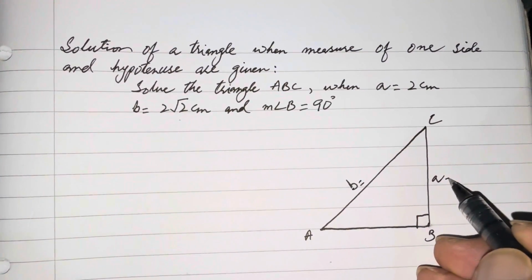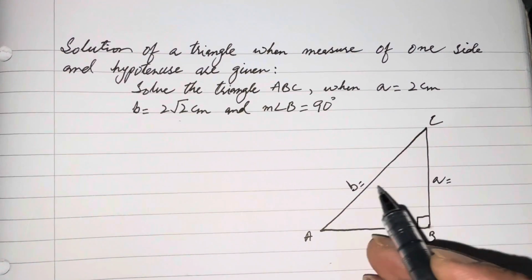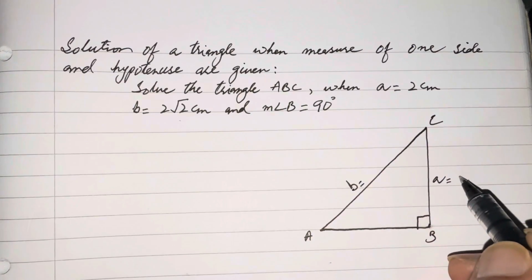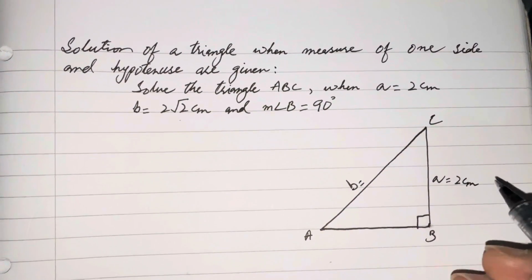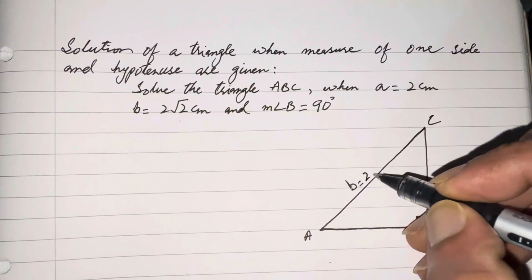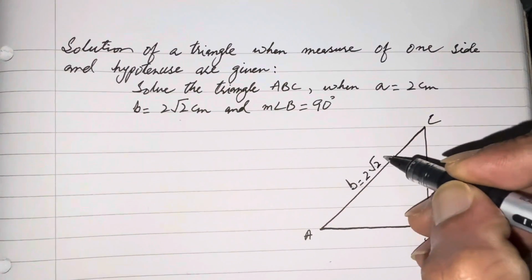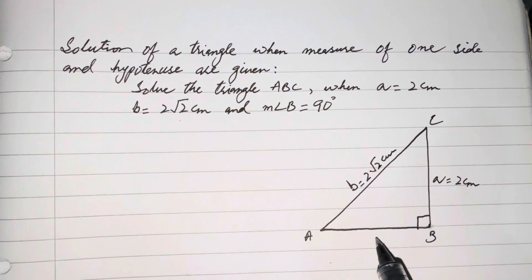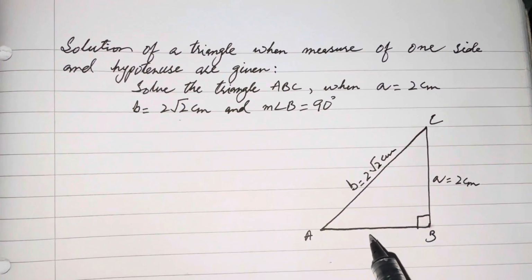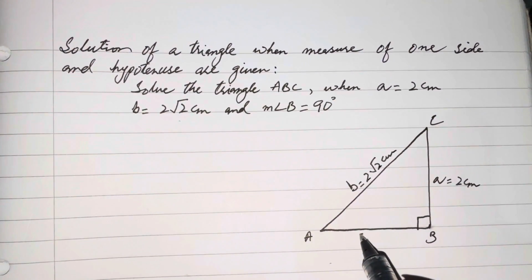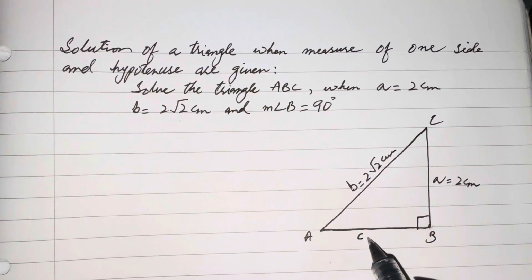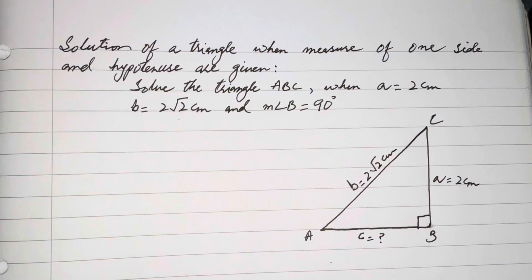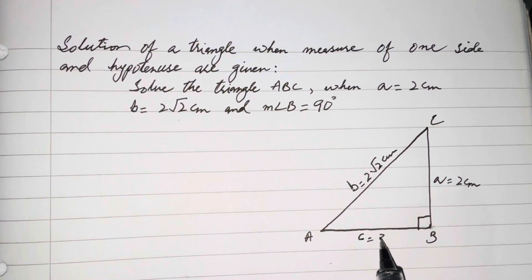These two sides are given in the question. So a is equals to 2 centimeter and b is equals to 2 into under root 2 centimeter. So we have to find the third side of a right angle triangle, which we can represent with the small letter c.